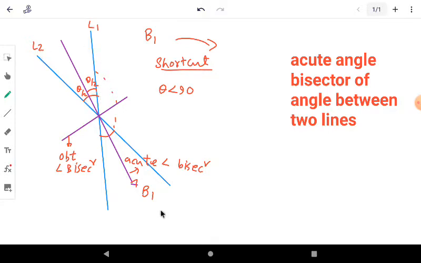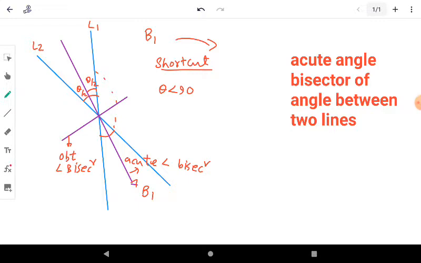Here we are assuming that L1 and L2 are not perpendicular, because if they are perpendicular, both bisectors would be considered the same, as they both bisect at 45 degrees. So let's see, guys, how to find the shortcut for the acute angle bisector between the two lines.